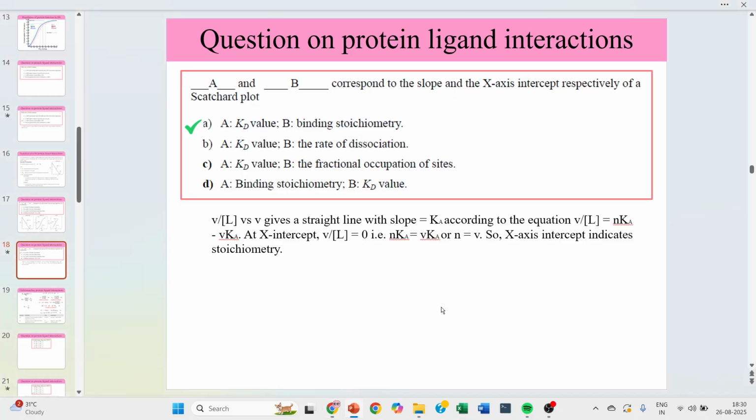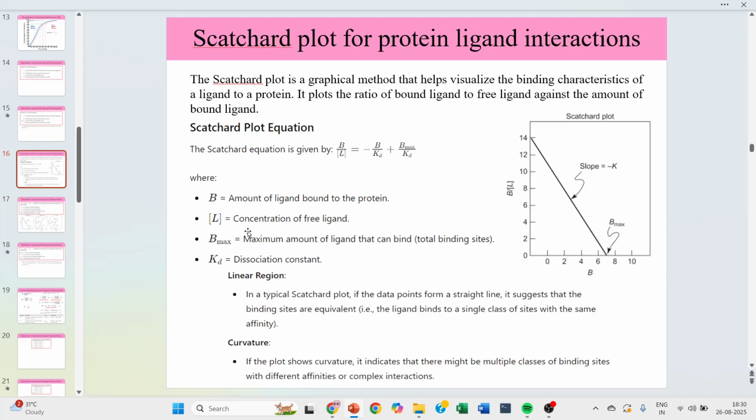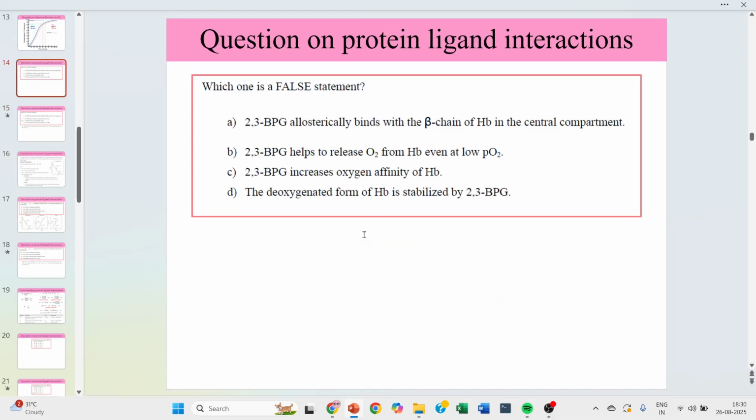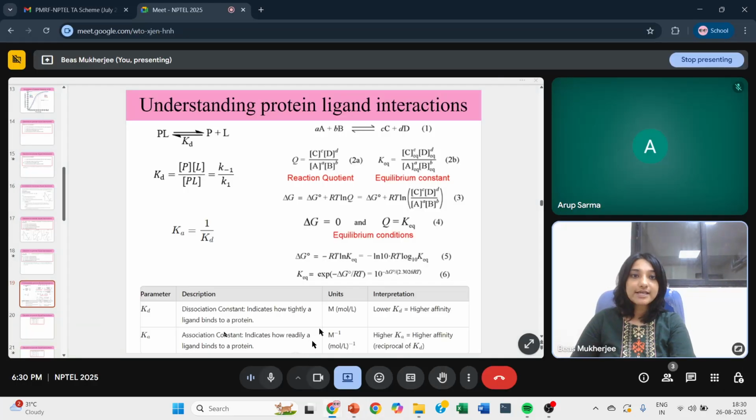If you go back to this, you will understand that all of this is explained here in the Scatchard plot. Whatever we studied, V and L, are all just terms in the Scatchard plot. So all you need to do is go through this and you'll be able to understand. Here it is explained very nicely.